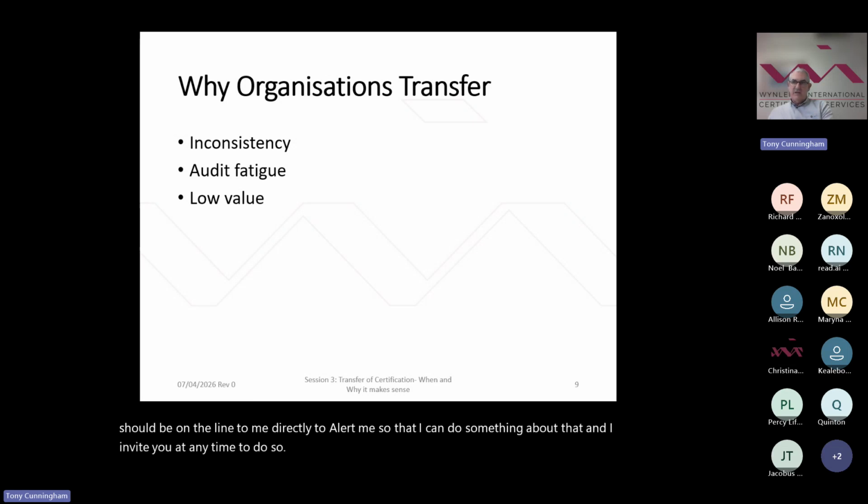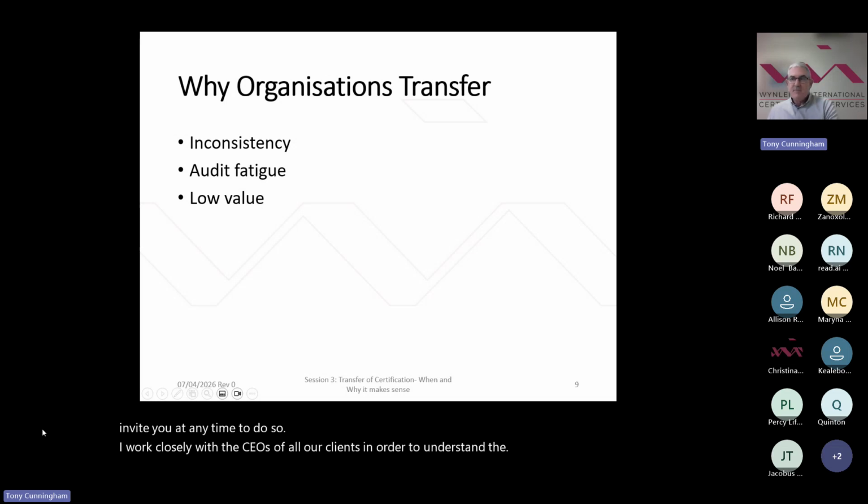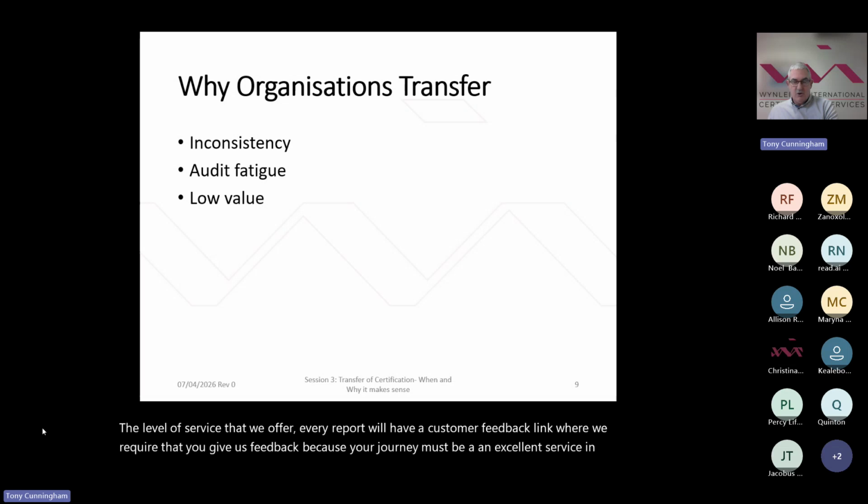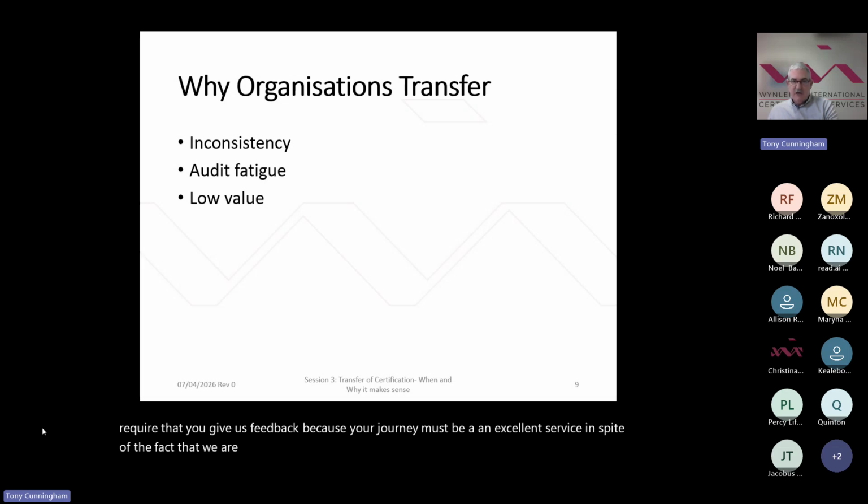I work closely with the CEOs of all our clients in order to understand the level of service that we offer. Every report will have a customer feedback link where we require that you give us feedback because your journey must be an excellent service. In spite of the fact that we are auditors, we are still offering a service, and that service needs to add value to your organization.